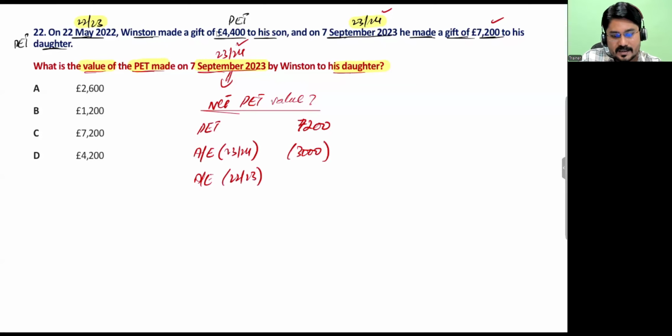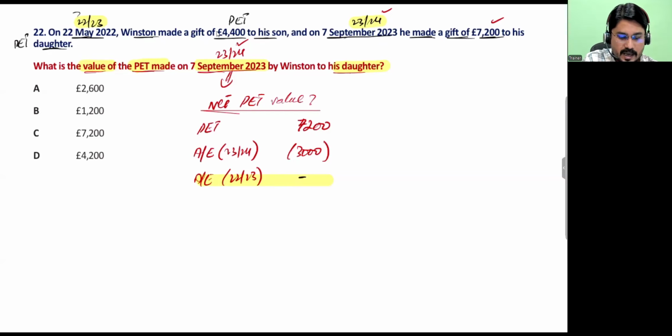Can you please tell whether it's available or not? It would be available if there is no asset transferred in the previous year, and if the question is silent. The annual exemption of the previous year can be available in two situations. If the question is silent, if nothing is mentioned in the question, then we can also take the previous year annual exemption. And if any asset is transferred in the previous year, then it has already been used, so it's not available for the current year.